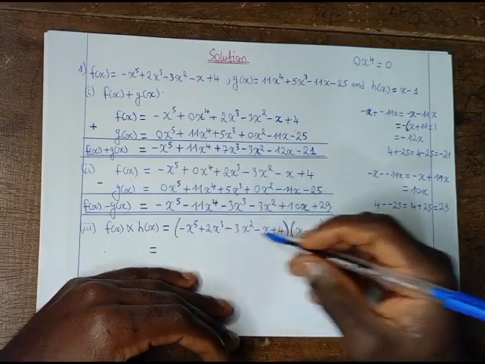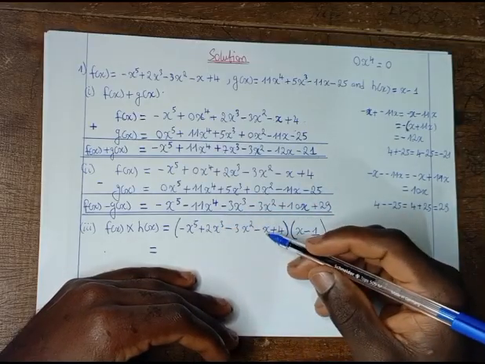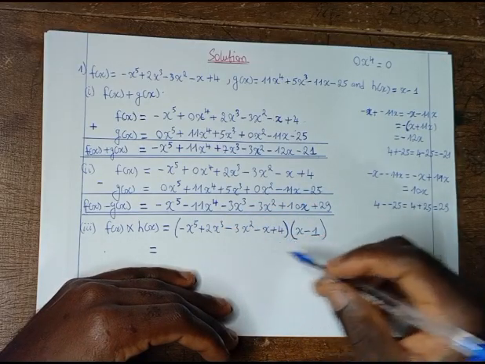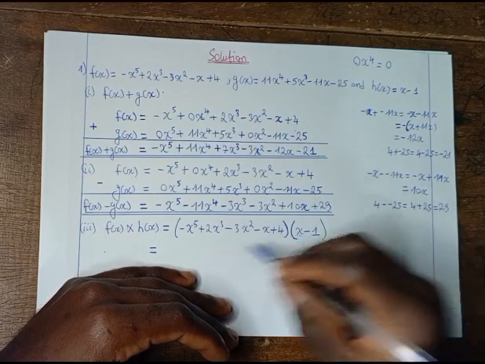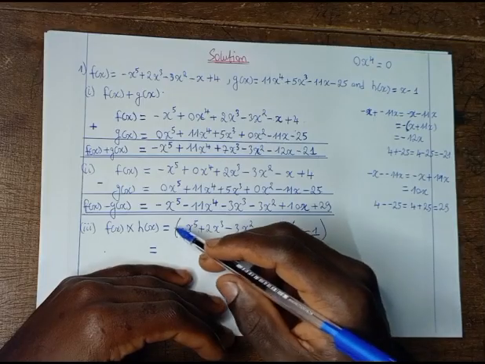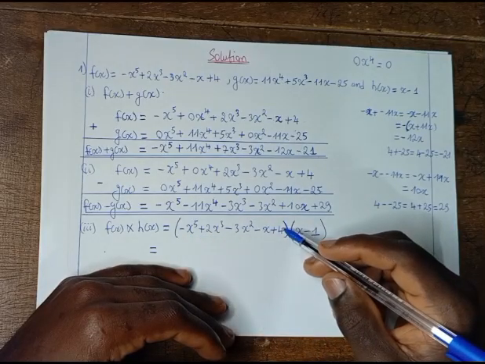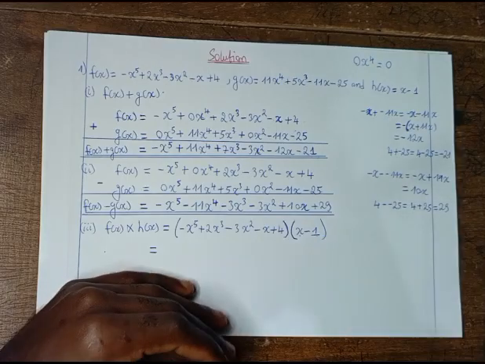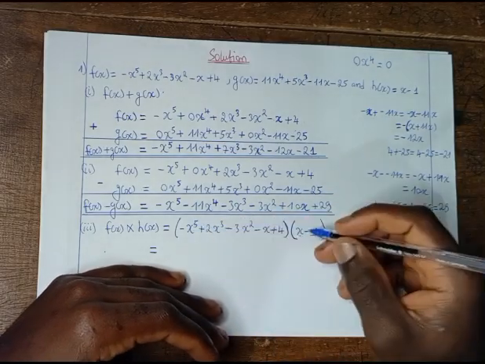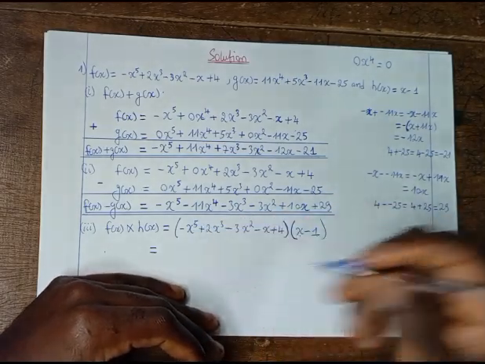I will take each of the terms in the polynomial f of x and multiply them by the first term of the polynomial h of x, which is x. And I'll do the same thing: I'll take all the terms of the polynomial f of x and multiply them by negative 1. Negative x to the power 5 times x.